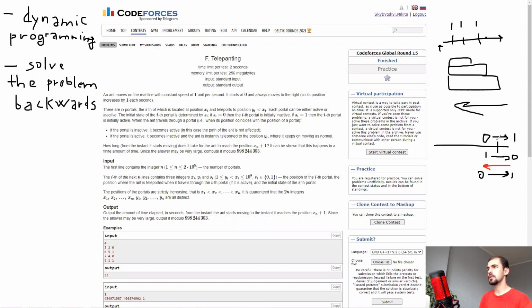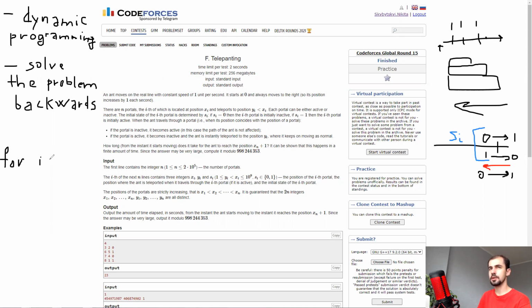And more generally, these values are s_i. And it will always happen, no matter which portal you consider, that the first time you get to it, you will either use or not use it depending on s_i. So we already stated that we will compute dp in reversed order.